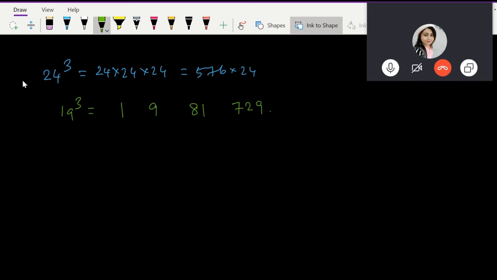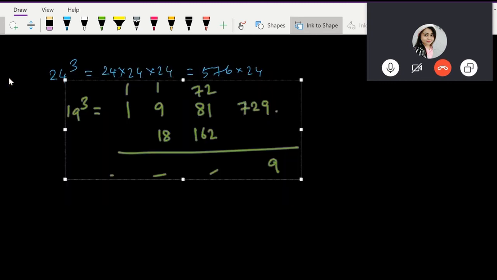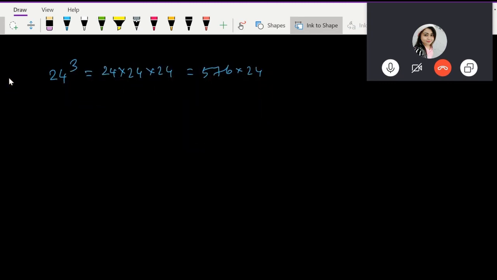We just double the numbers in the middle, so 18 and 162, and then 9 and 72. Then add all of this, carrying over each time. What I showed you is a more generic method, so that method works here as well. This is how you can very quickly calculate the cube of any number.